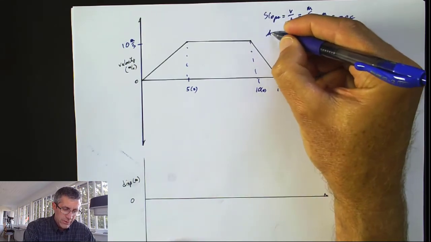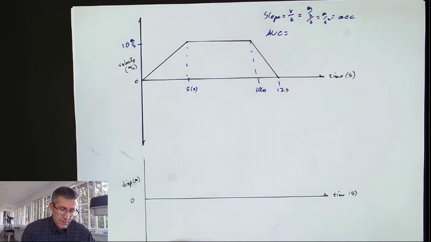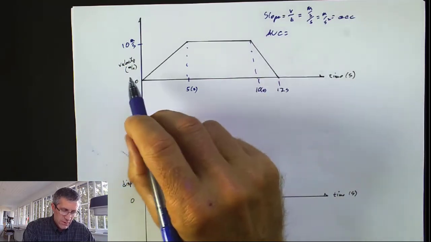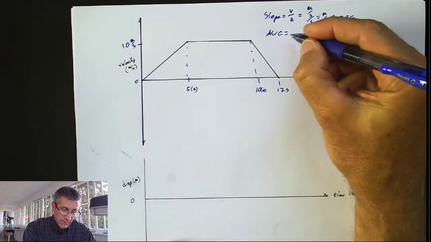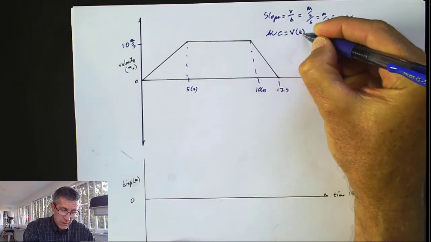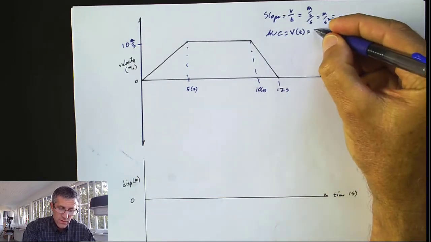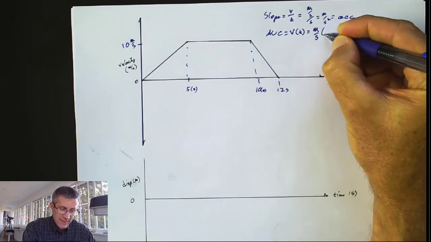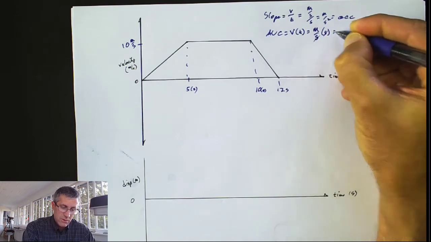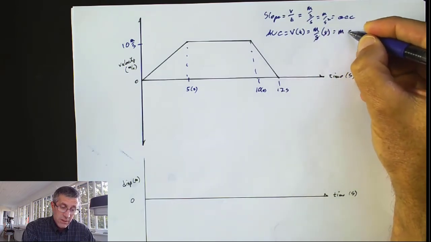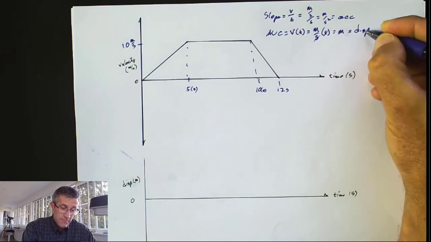And the area under the curve is going to tell me, what is it going to tell me? It's going to tell me velocity times time, right? Velocity times time. And if I think about units, this is going to be meters per second times seconds. My seconds will cancel, and I'll be left with just meters, which is going to be displacement.